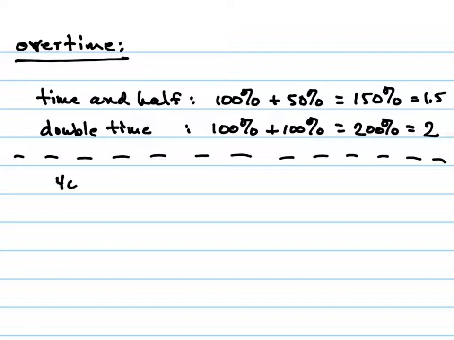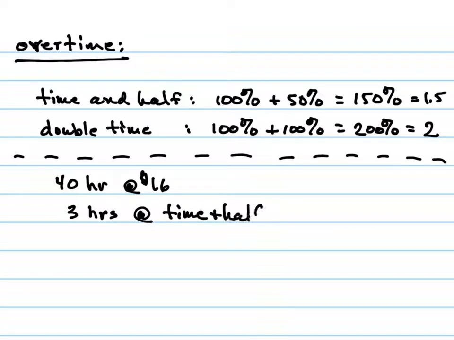So let's just write down the information that we have. You have 40 hours at $16 per hour. That's his normal rate. He worked 3 hours at time and a half, and he worked 1 hour at double time.